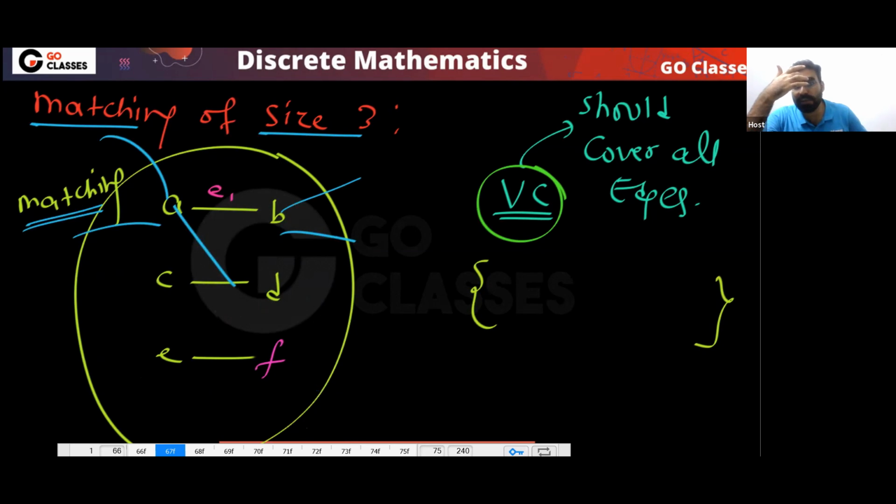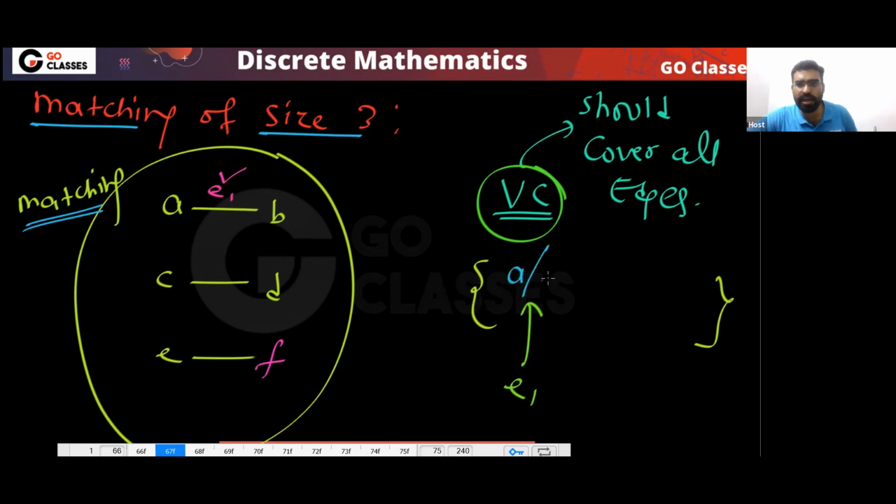Now tell me, vertex cover should cover all the edges, so if you want to cover E1, at least one of them you need, either A or B.